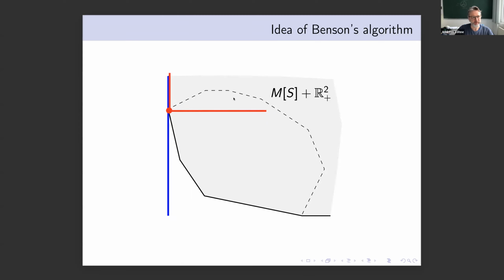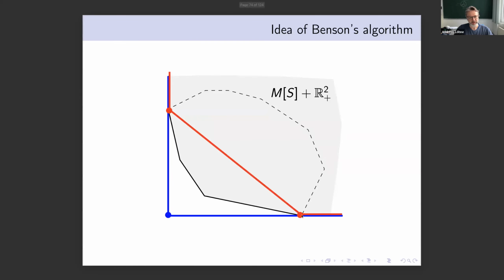And now we improve this outer and inner approximation. We use the next hyperplane, move it down, obtain this point, and for the outer approximation, we compute this point here by vertex enumeration, and in the inner approximation we compute the convex hull plus cone of these two points. And now we choose some vertex of the outer approximation and we go into a fixed direction here.